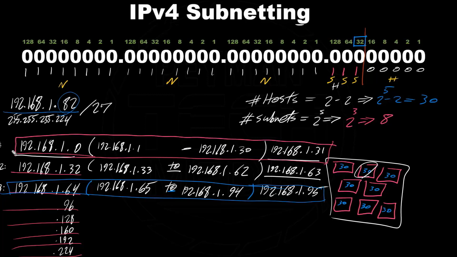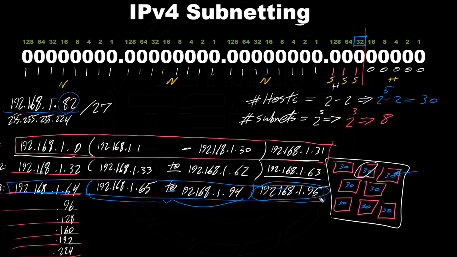And therefore, if this is the third subnet, 1, 2, 3, this IP address would be on this subnet. So 1.82 is in the range between 1.65 and 1.94. And for the broadcast address here, if a router receives a packet with the IP header destination address of 192.168.1.95 with the subnet mask of 255.255.255.224, the router will forward the packet to all the IP addresses in this range.